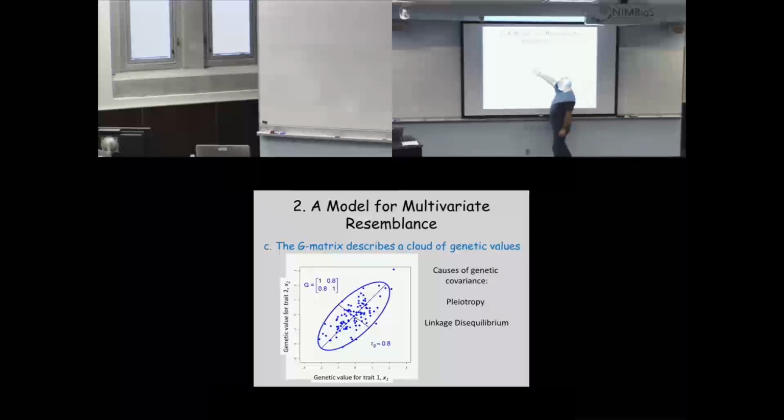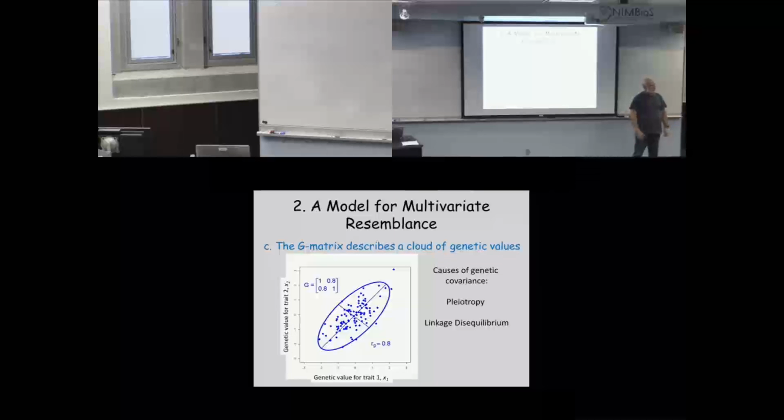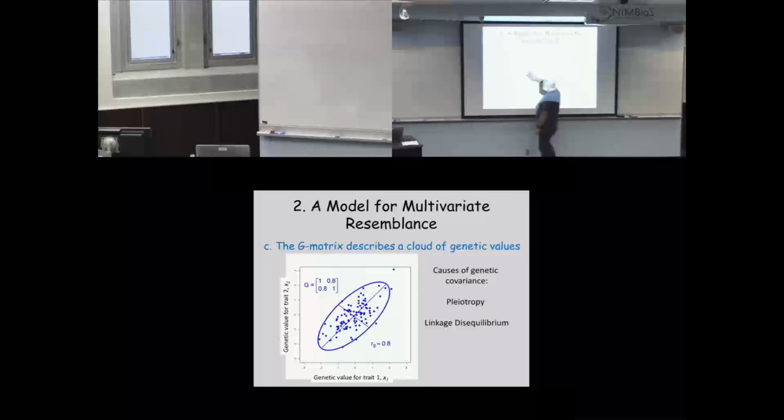The fact that there's tilt to this cloud is an indication that there is non-zero additive genetic covariance between these two traits. Why? Well, we're in additive genetic value space. You just have to think about the space that we're in. And this is a representation of this particular G matrix. We've standardized the traits so that they have a genetic variance of 1. And how would we accomplish that? How would we make that happen?